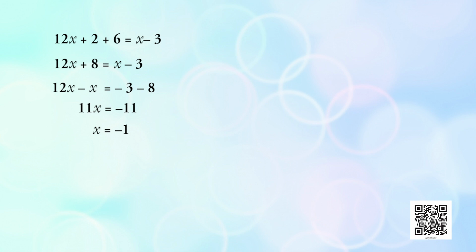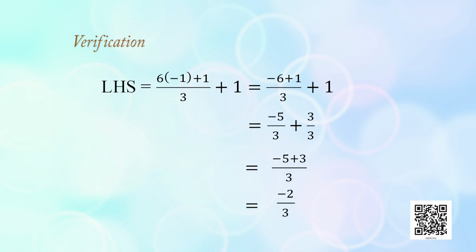Let us check our answer by putting x is equal to minus 1 first on the left hand side. Left hand side becomes (6 times minus 1 plus 1) divided by 3 plus 1, that is minus 5 by 3 plus 3 by 3, that is nothing but minus 2 by 3.